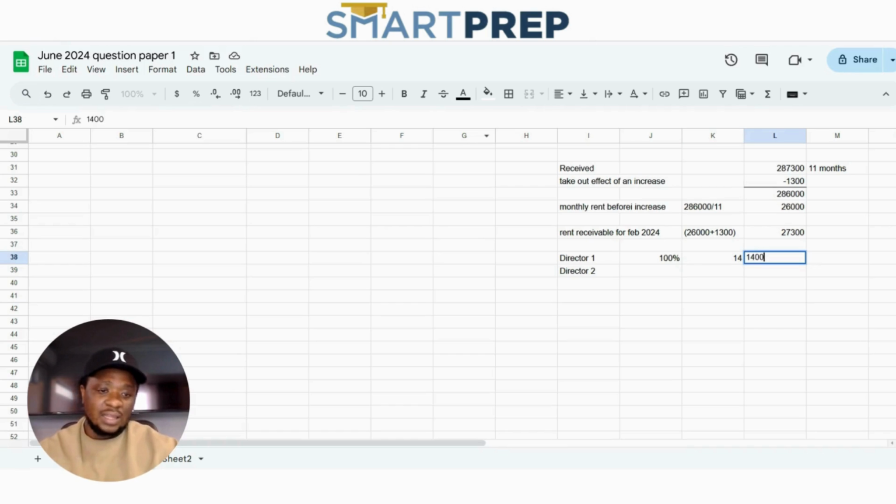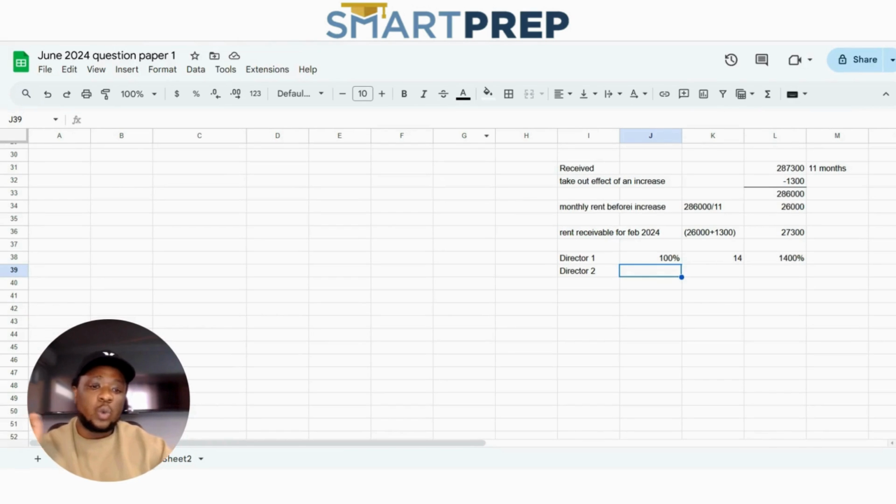And so that would mean over the period of 14 months, they would have earned a salary equivalent to 1,400%.